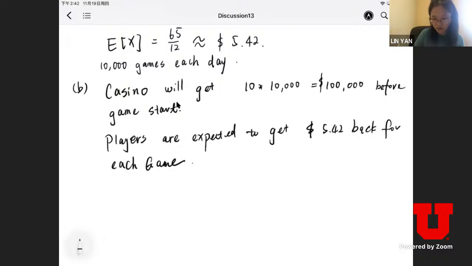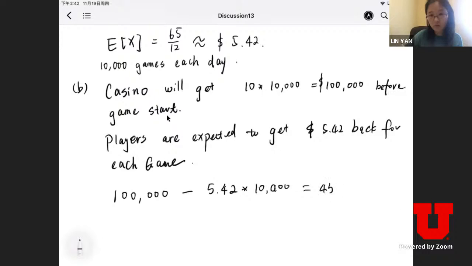That is absolutely correct. So then we need to use 100,000 minus 5 points times 10,000. It is equal to 45,800.